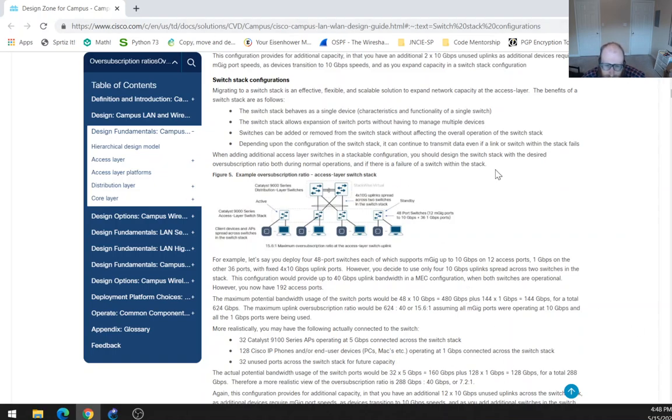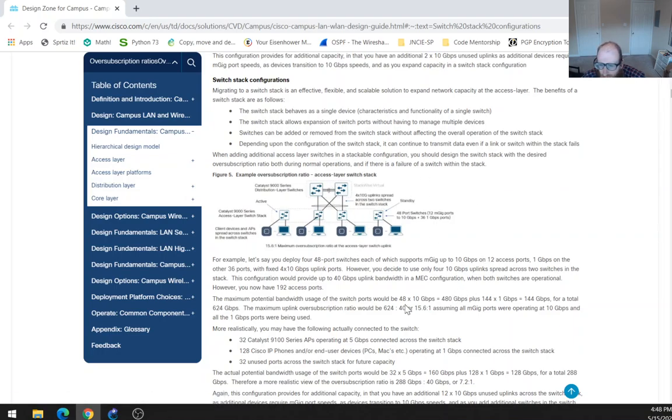Well, the answer to that is no, because you're not going to have the equipment at the access layer continually being used at the maximum rate, maxing out. So there's no reason to have the ability in the uplink to process these as if they were maxed out all the time. It's just not necessary.